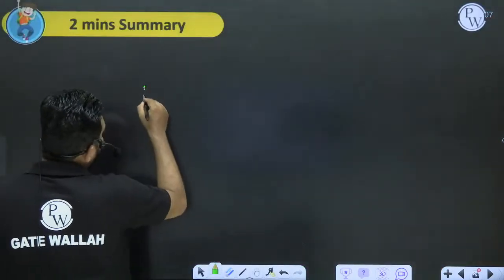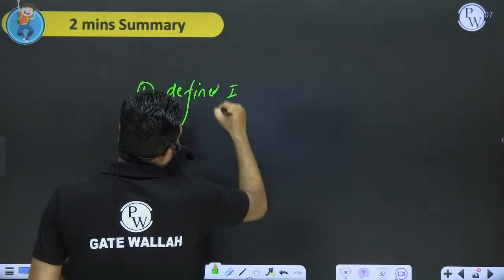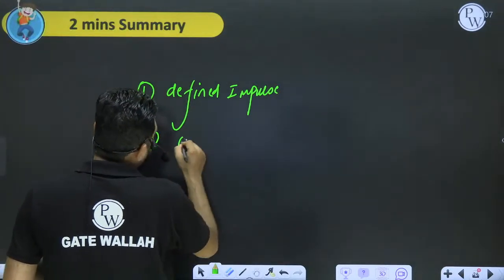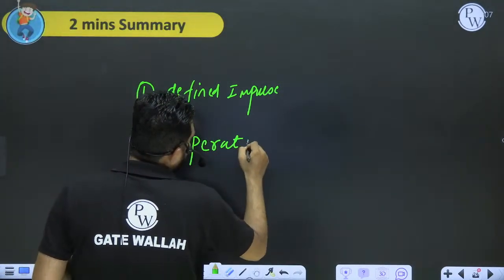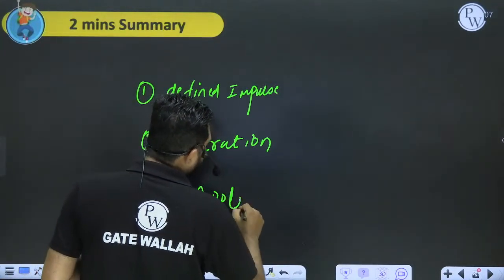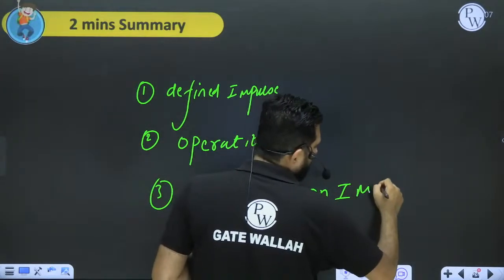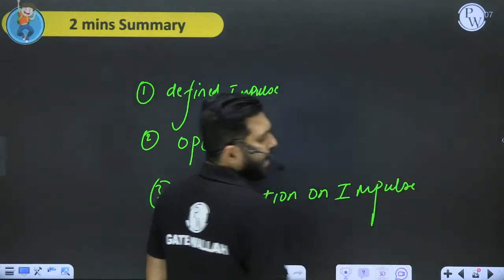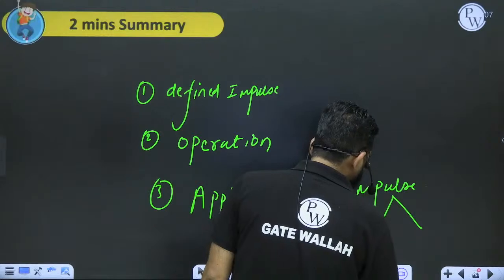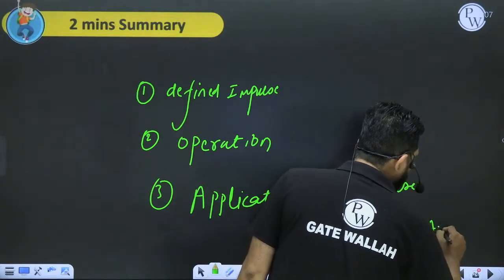See here, we have defined the impulse, did operations on the impulse, and third we covered the applications of the impulse, in which we covered the product property and area property.